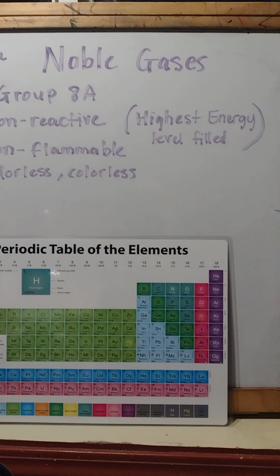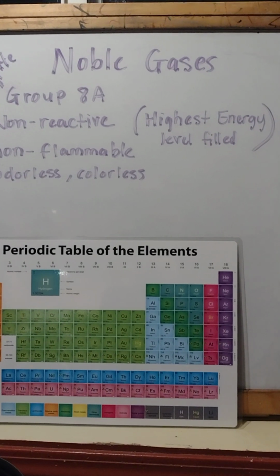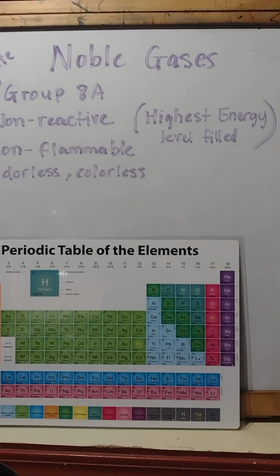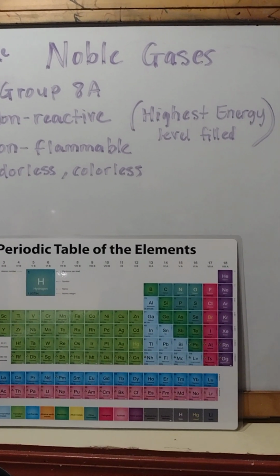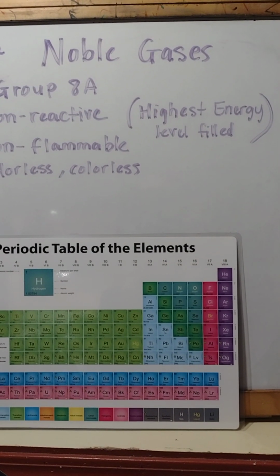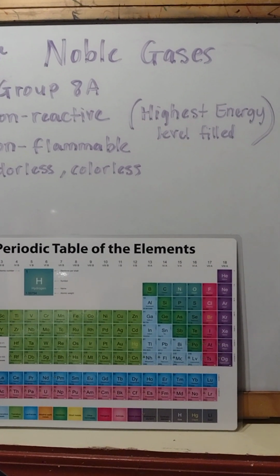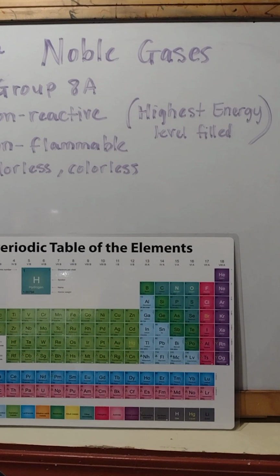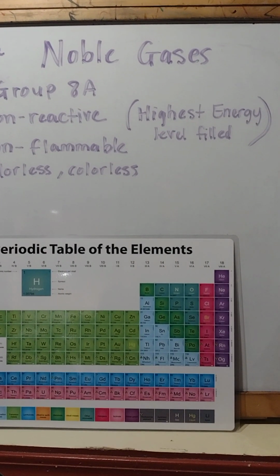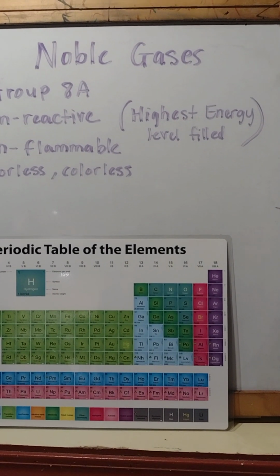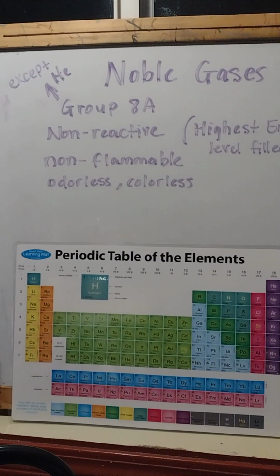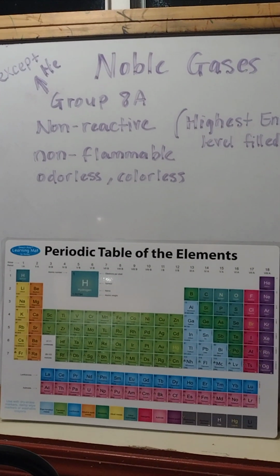Well, it's because their highest energy level is filled. That second energy level, when I was drawing them, it could hold 8 electrons, and that one is full of 8 electrons for all of the noble gases, and so they don't want to gain anything. They've got nothing they really want to lose, and so they're just non-reactive. They're non-flammable. They're odorless and colorless.